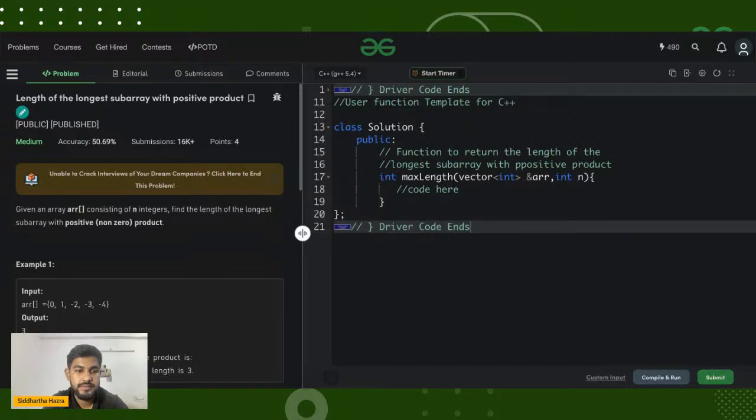Can we dry run this logic on a sample test case? Yes, absolutely. Why can't we? We can definitely dry run this on a sample test case. Okay, let us dry run this on a sample test case.